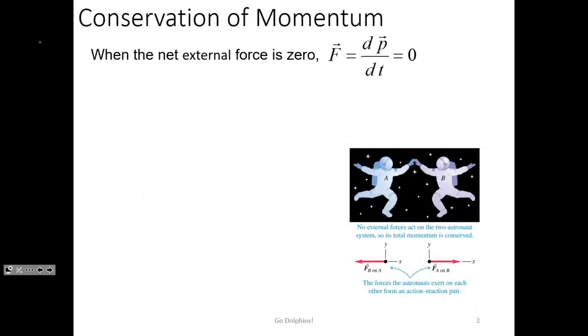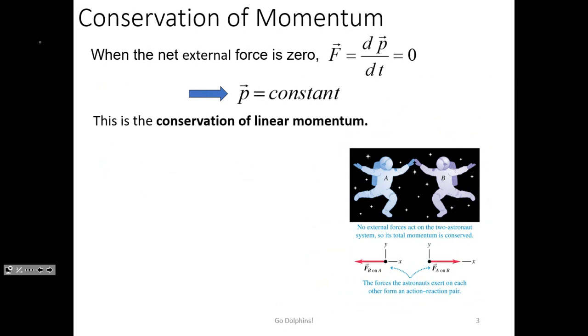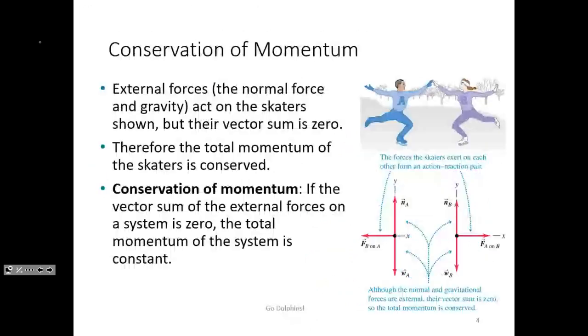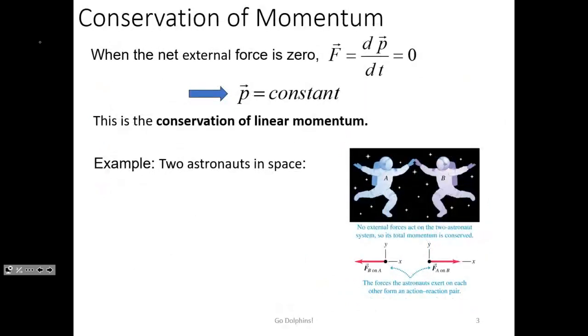And from the definition of momentum, and then the impulse-momentum theorem, if the external force is zero, then of course the momentum of the system is conserved. So we call this conservation of momentum. One example is two astronauts in space with zero external force acting on them.